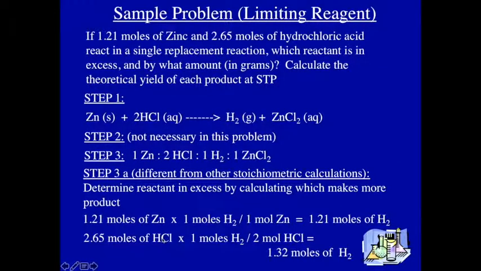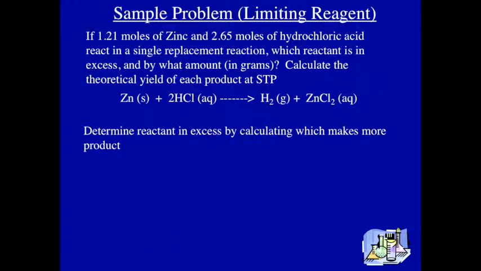Based on which one produces more product, in this case, my 2.65 moles of hydrogen chloride is going to produce more product. Well, that actually means that I'm going to run out of zinc because I would make less product. I'm going to run out of zinc before I run out of hydrochloric acid.